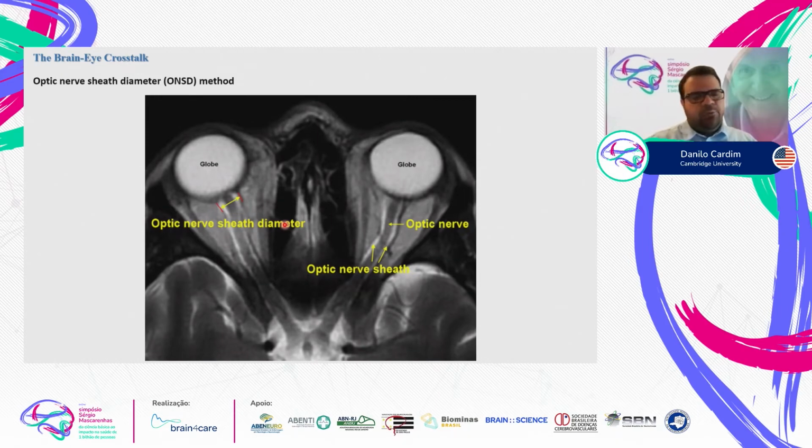And this method is only possible because there is, as I said before, this brain-eye crosstalk as a means for the non-invasive ICP assessment that basically relies on the anatomical continuation of the subarachnoid space from the intracranial to the extracranial compartments of the central nervous system. But we will see this in more detail in the next slide.